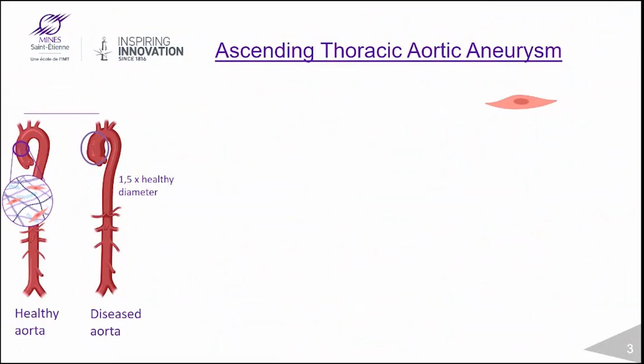So the idea is, one of the phenomena causing aneurysm is the disturbance of the phenotype of smooth muscle cells. As I said before, the main layer of the aortic wall is composed of smooth muscle cells, and what we observe is in case of aneurysm, we're going to have different phenotypes for these cells.